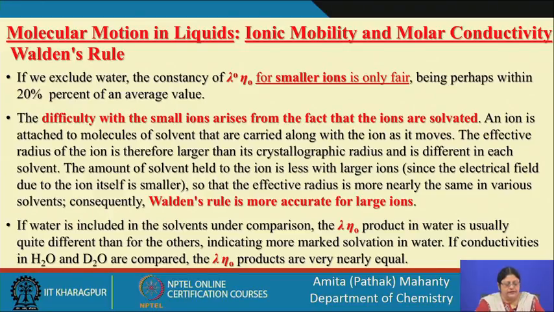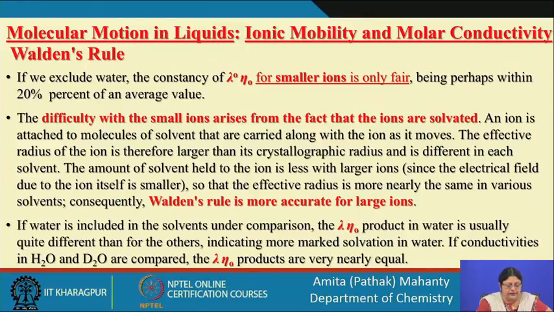Now, if water is included as the solvent under comparison, then what happens? The product of the ionic molar conductivity into the solvent viscosity coefficient is usually quite different from others, indicating a more marked solvation in water. Okay.